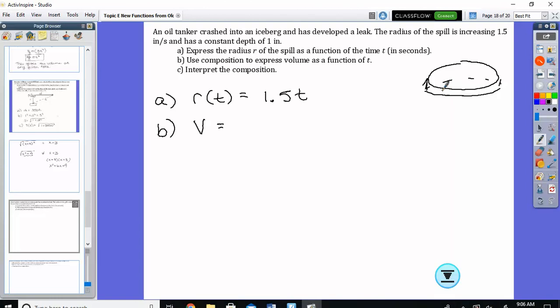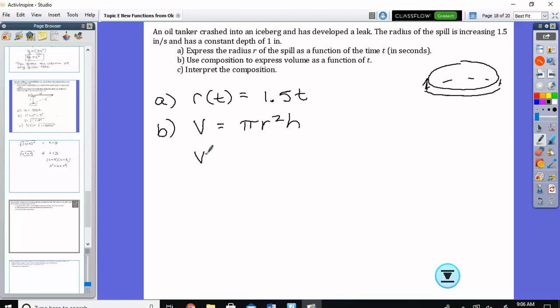Volume is basically area times depth. So area of a circle is, you should know this one. What's the area of a circle? Pi r squared. And the height of this, I'll just call it h.